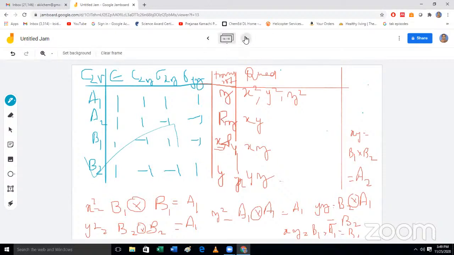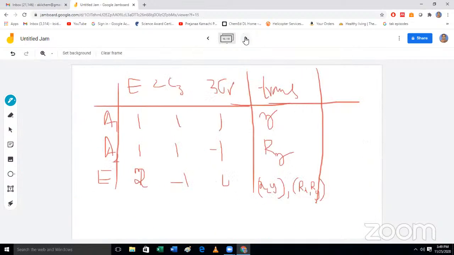Now we have to do the same with C3v. C3v is very simple. Since everything is doubly degenerate here, you have two functions, that is x squared minus y squared, comma xy. These two transform in the same way. Because of x and y, the functions related to them will be located here.